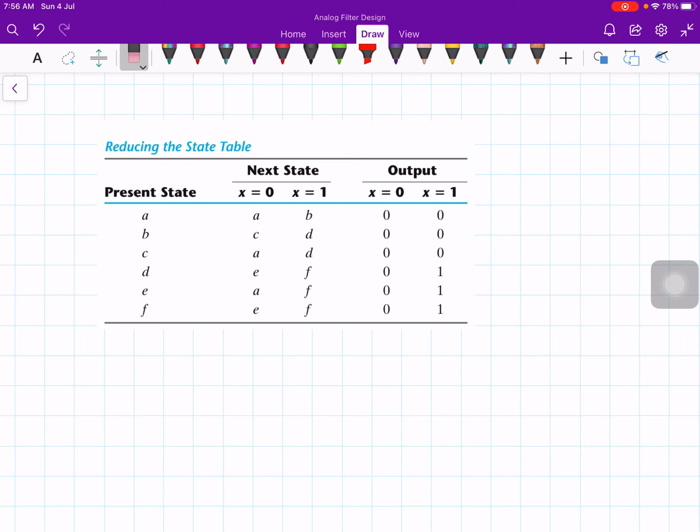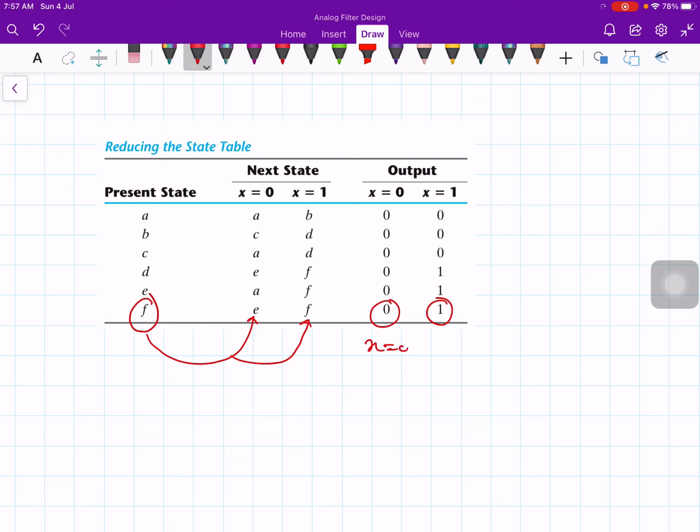Now again look at this state table. Is there any possibility to reduce the number of states? Now if you look very keenly, present state F now has next states E and F, and outputs 0 and 1.